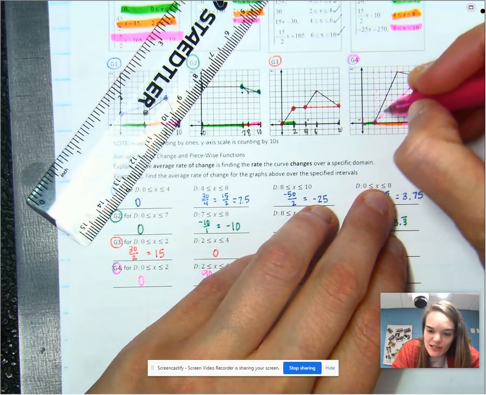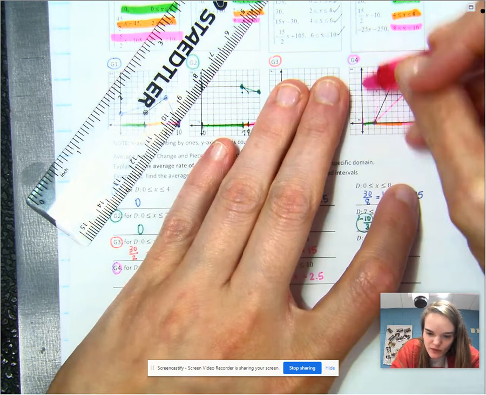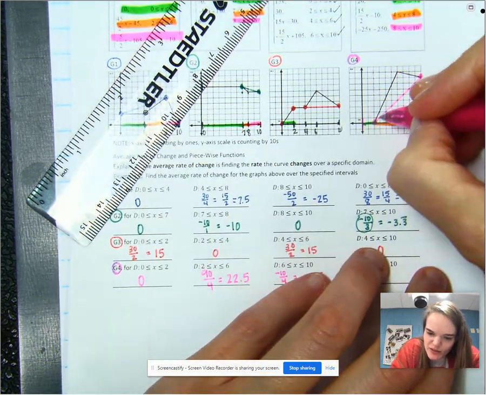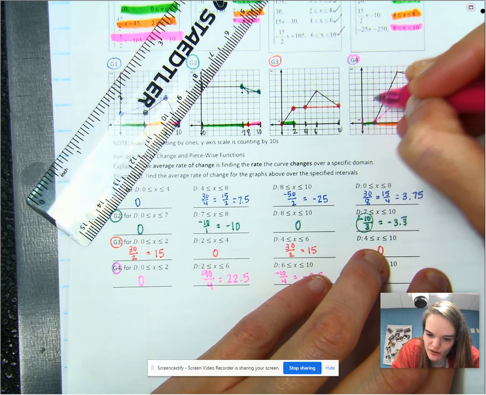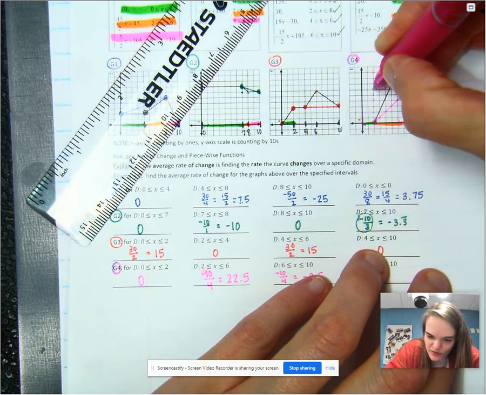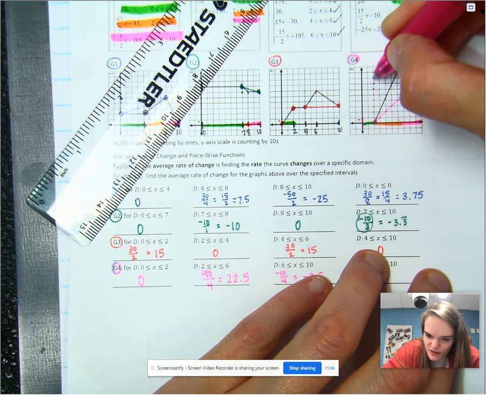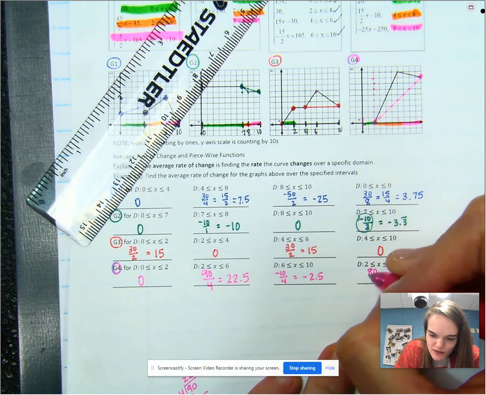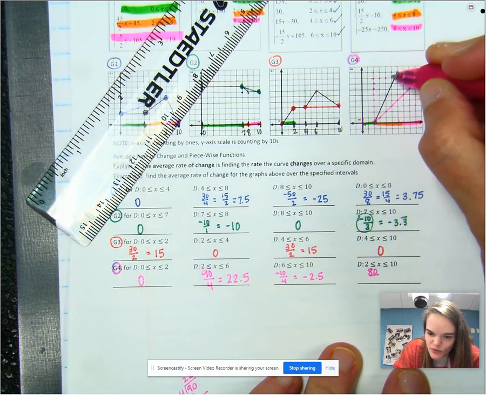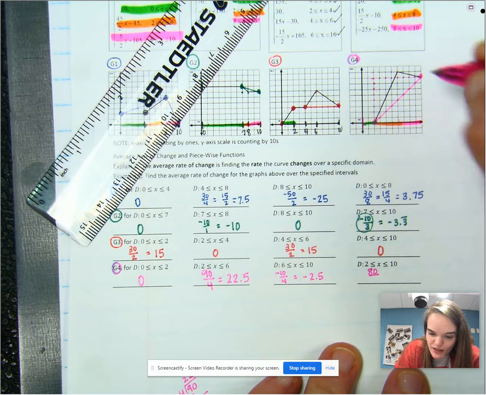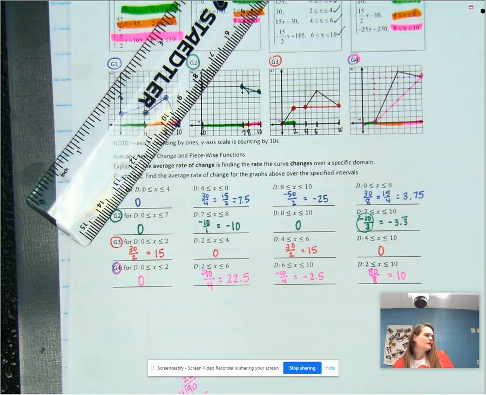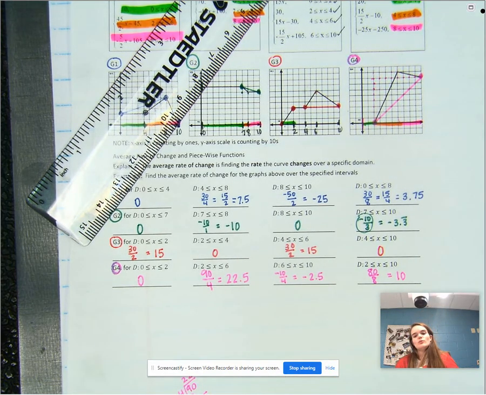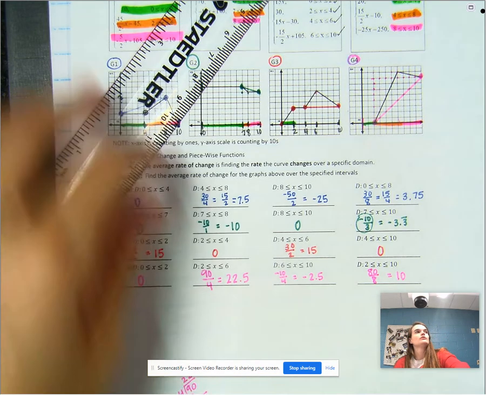I gotta erase the last ones because I'm double counting. 10, 20, 30, 40, 50, 60, 70, 80. 80 divided by 1, 2, 3, 4, 5, 6, 7, 8. 80 divided by 8 is a change of 10. Okay, there is rate of change. We're going to do average rate of change for other graphs as well. So let's do those.